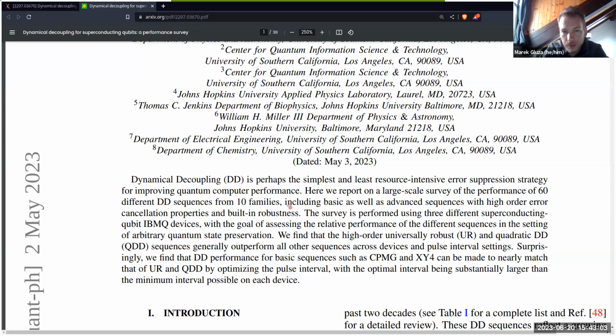That's something that we will see a little bit, including basic as well advanced sequences with high-order cancellation properties inbuilt in robustness. This kind of high-order error cancellation is in some way vaguely related to Taylor expansions, and maybe undergraduate students know about Runge-Kutta methods.